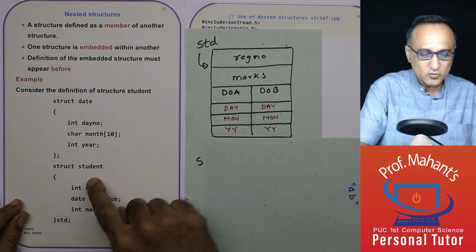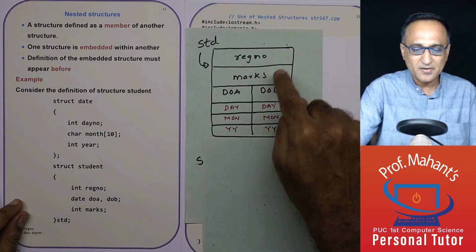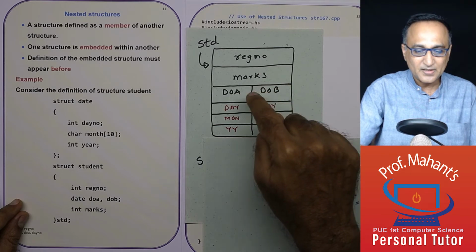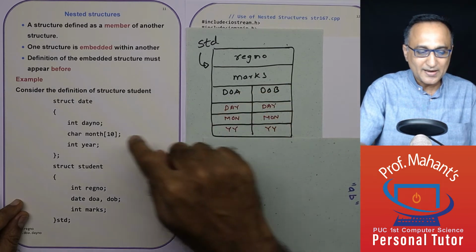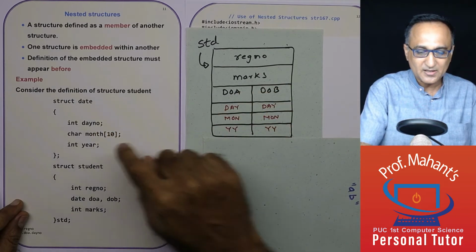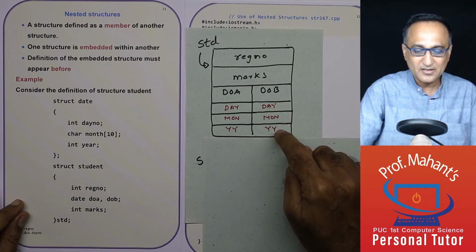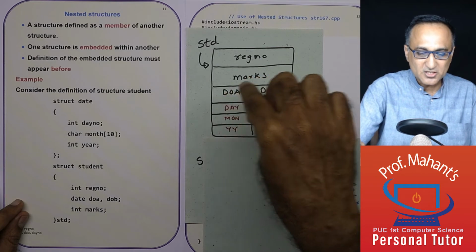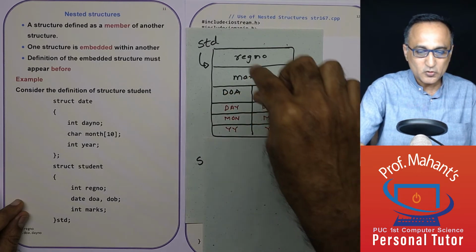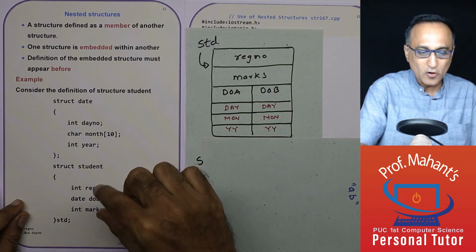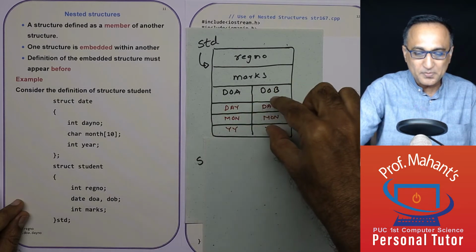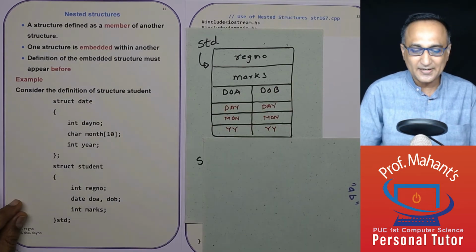So now this student looks like register number can be 100, marks can be 99. Date of admission will have three places: day number, month, and year. Date of birth will also have three members: day, month, and year. So this is one structure, this is the second structure. So in student, I have embedded or inserted two mini structures based on date.